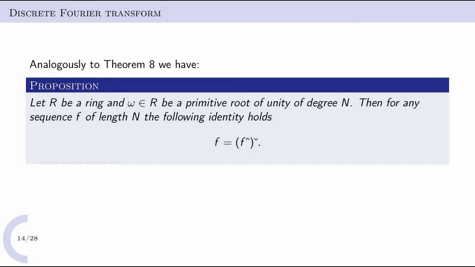But when we have only finitely many numbers, then we can always sum them. We can just add these numbers to each other and we have a sum. So the condition that f is absolutely summable is always true. If it's always true, we don't need to put it in the proposition, so we don't have any special assumptions here.